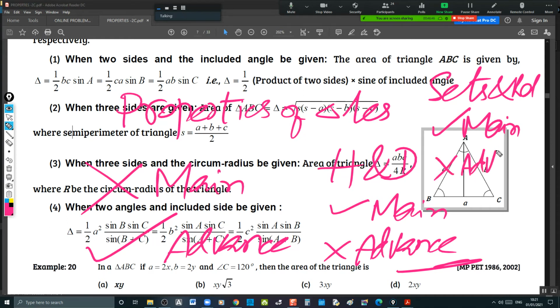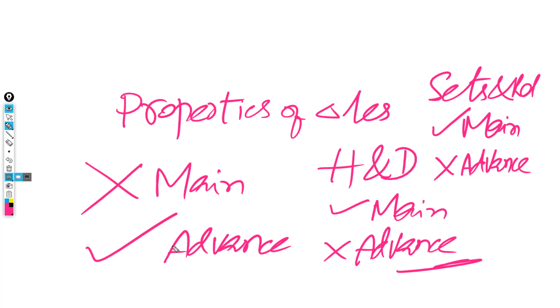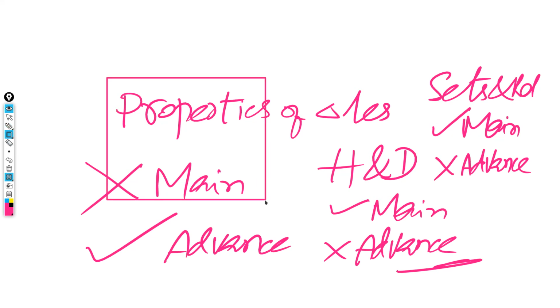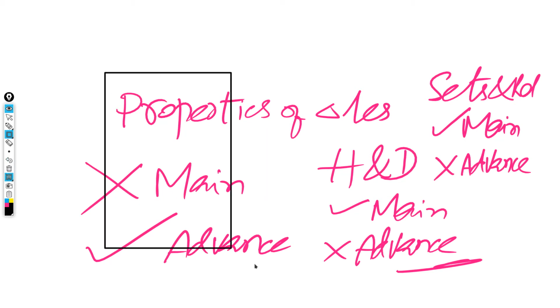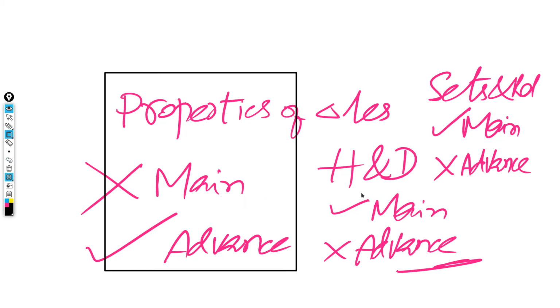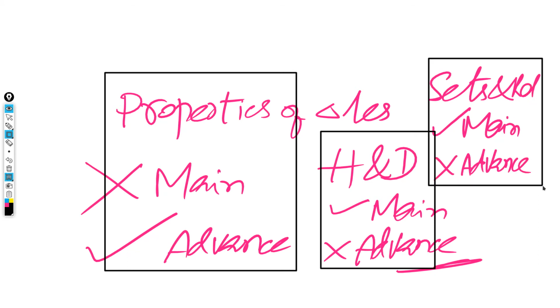I'll make it more clear like this. Properties of triangles is there only for advanced but not for main, and heights and distances are there only for main but not for advanced, and sets and relations are there only for main but not for advanced. So properties of triangles is an advanced topic, and that is the reason why I'm saying this, Dhananjay.